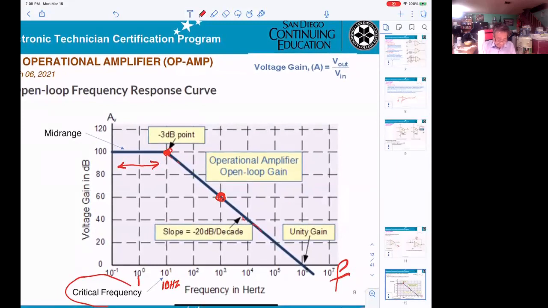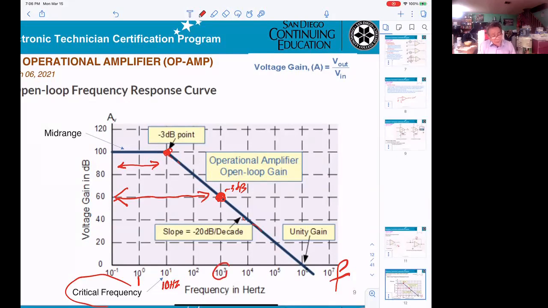Now if I move up and down here, you can see the difference. This will also be minus 3 dB at this point right here. So the bandwidth will be going from here to here. They will be going to 1 kilohertz.